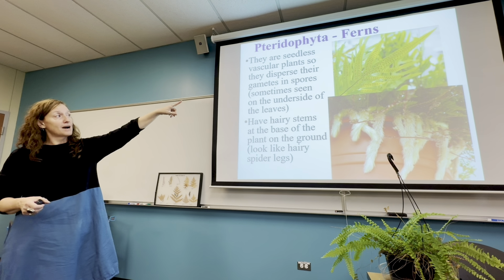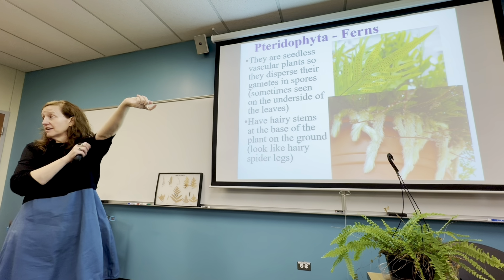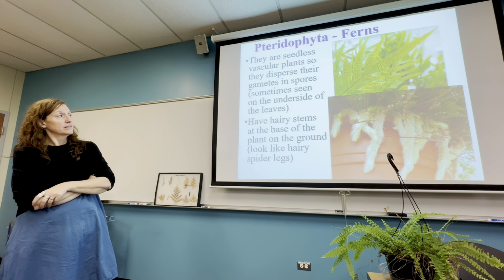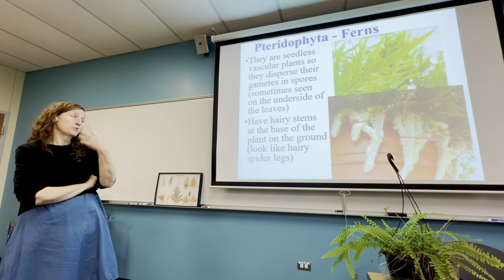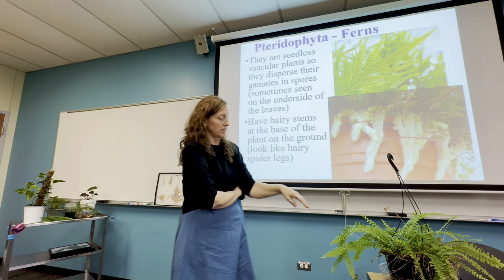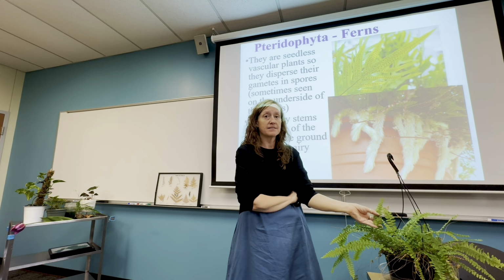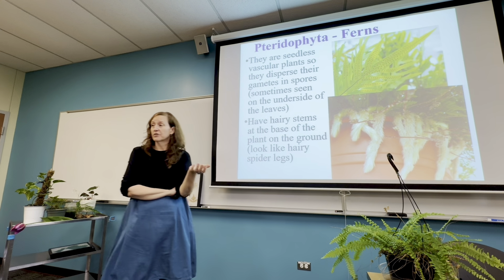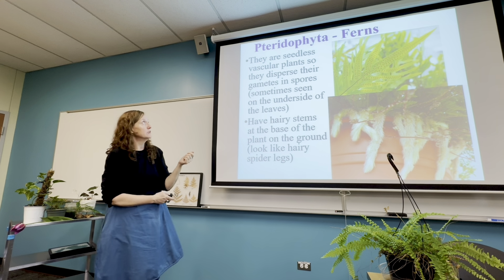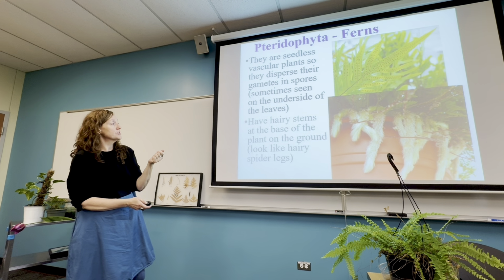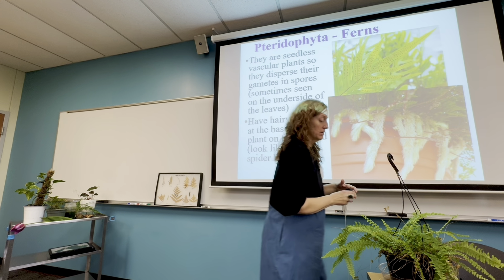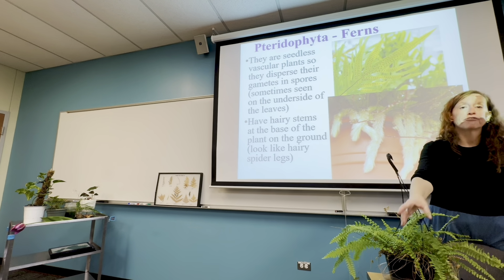Ferns, you can see up at the top there, make spores to disperse their gametes. To disperse themselves, I should say. So sometimes on the undersurface of the leaves of ferns, you'll see little dots. We're not always going to see some of these characteristics. The other thing we want to look at in terms of ferns is that ferns have what are called fronds.